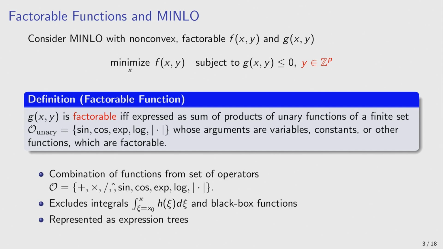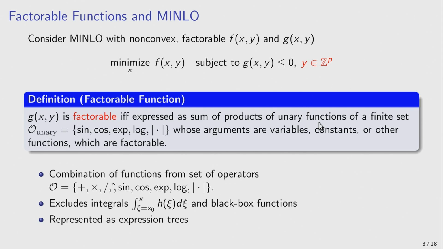So we're going to look at a general mixed integer nonlinear optimization problem that has functions f and g that are possibly non-convex, in addition to the non-convexity of the integer variables. And we make one very important assumption here. We assume that the functions we're dealing with are factorable.